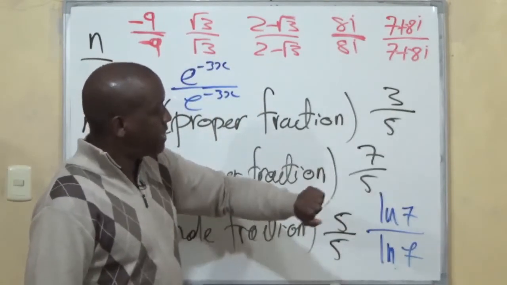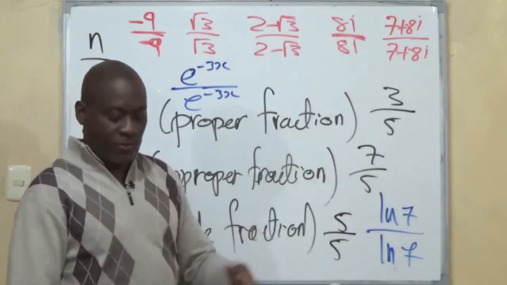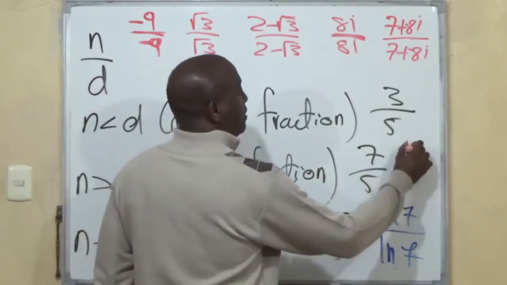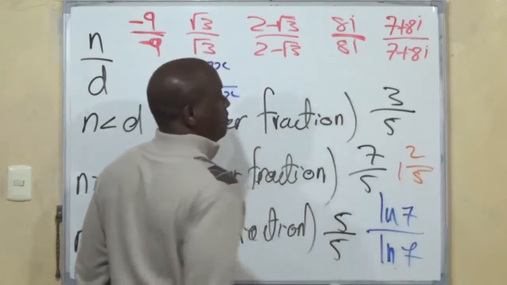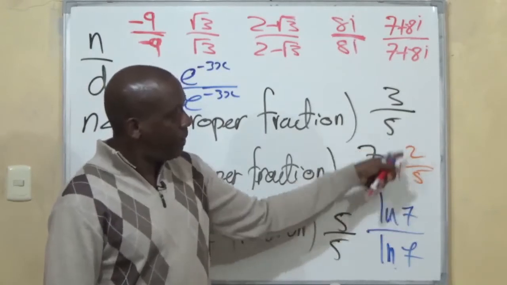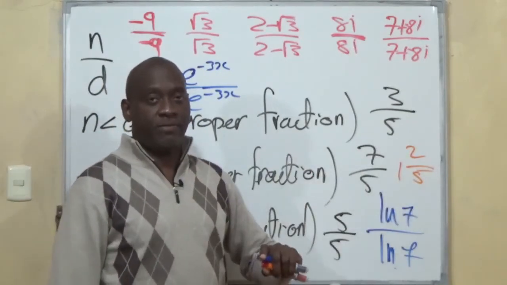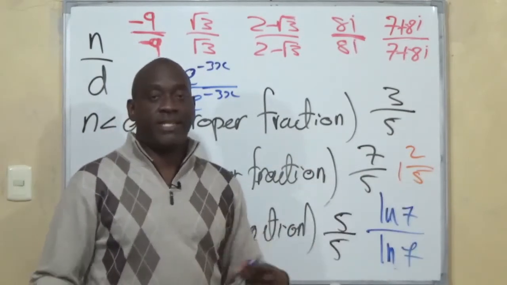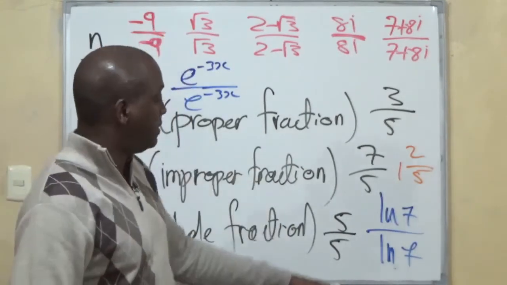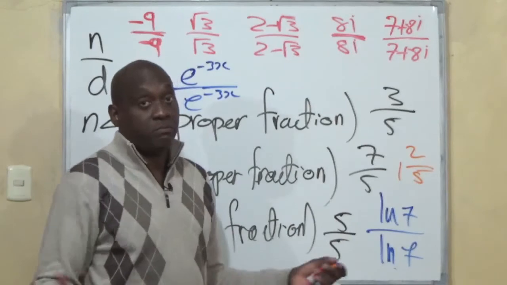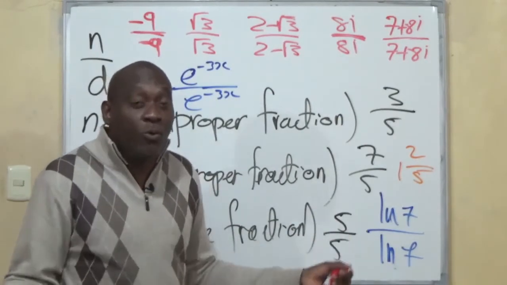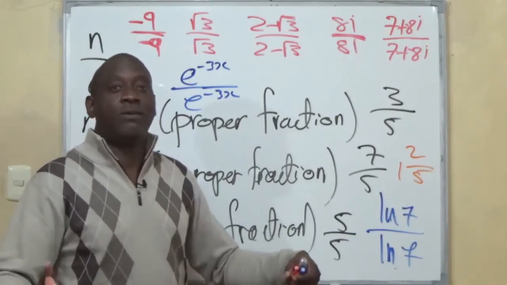As an improper fraction, you have 7/5, which if we write this as a mixed number, we'll get 1 and 2/5. Right? So it will be 1 whole plus 2 parts out of 5. 2 parts out of 5 as a decimal is 1.4, 1 and something, 1.4. And of course, with 5/5, that's equal to 1. 1 whole. Nothing more, nothing less.